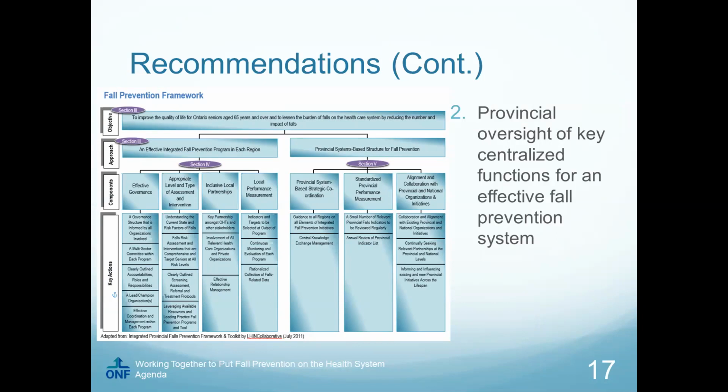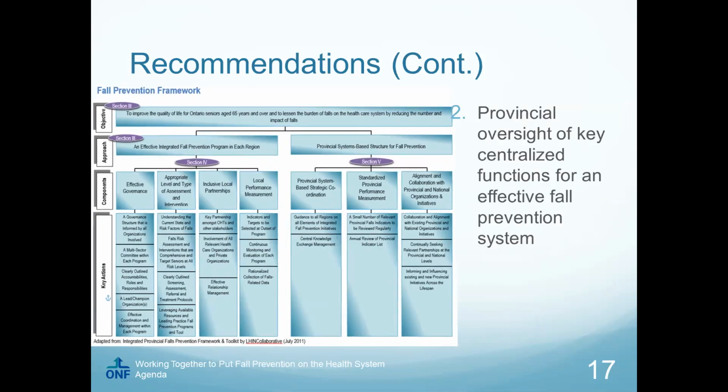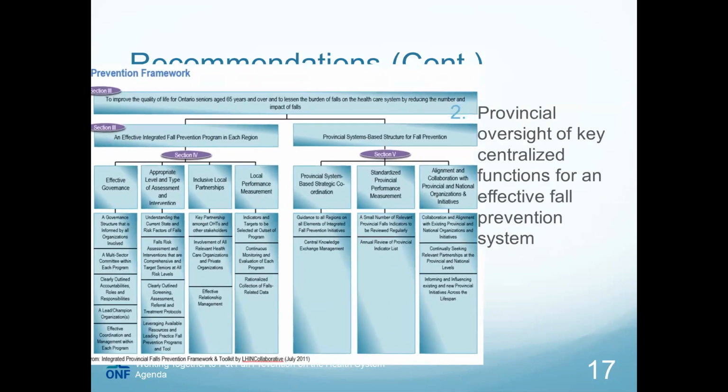Common planning and implementation of fall prevention at a systems level, including functions that should be shared provincially, such as measurement, communication, knowledge exchange, consistent training, standardizations of assessments and interventions. A good example of this is the exercise programs that are funded by the ministry. And again, just highlighting that right-hand side.